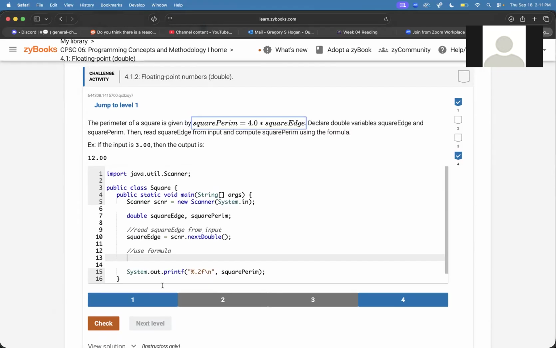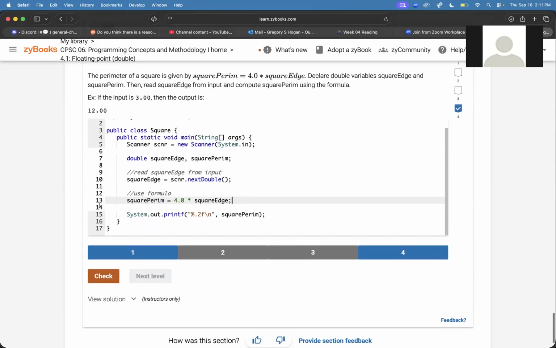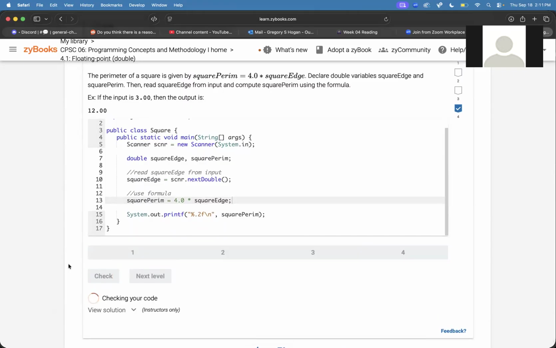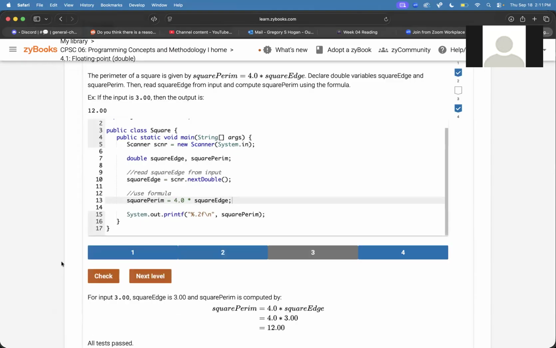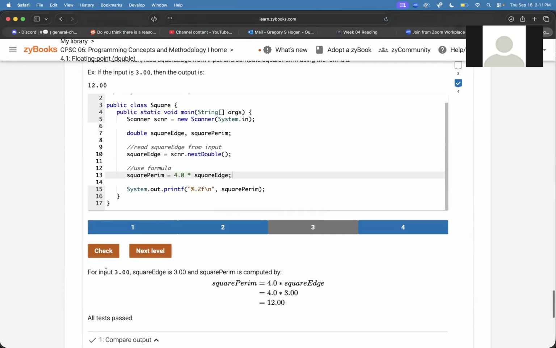But we want what it says, which is square perim equals 4.0 times square capital E edge. Like that. And that's it. So we should run this and it should just work unless we typoed something. And we got it. So there we go.